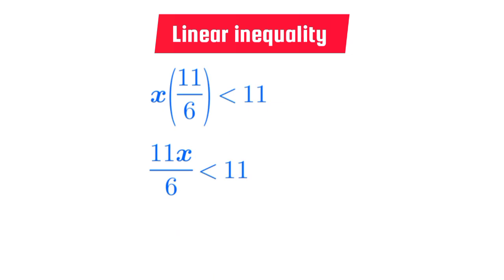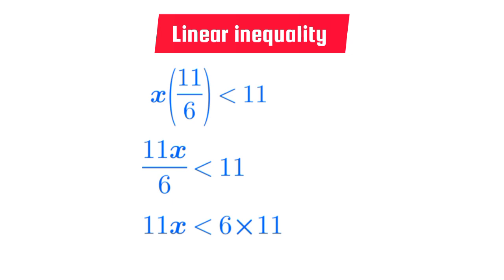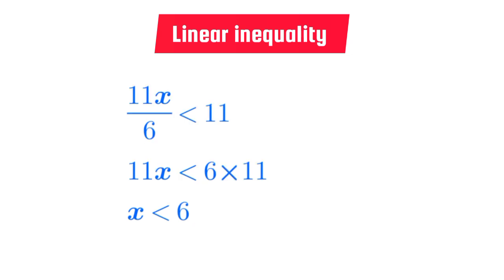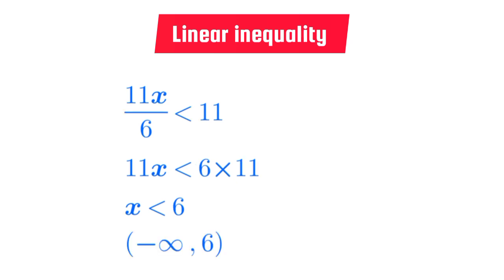Now, to get x being the subject of the formula, we are going to cross multiply by 6, that is, multiplying both sides by the denominator 6. So this is going to give us 11x is less than 6 multiplied by 11. Now we are simply going to cancel 11 on both sides of the equation, and we have x is less than 6. So we can say negative infinity to 6.